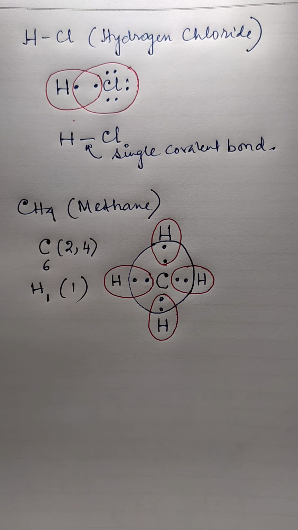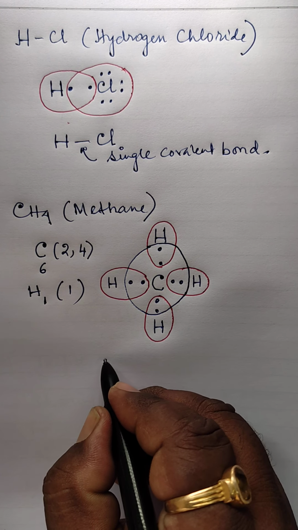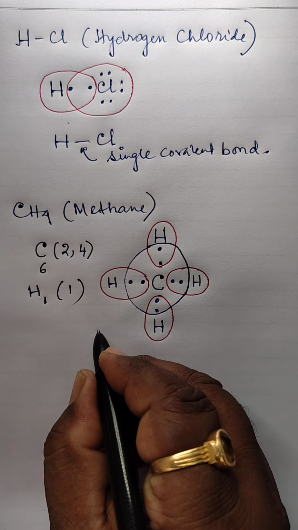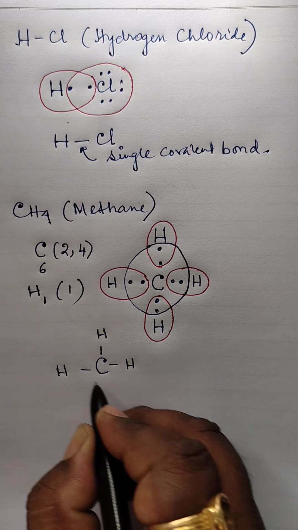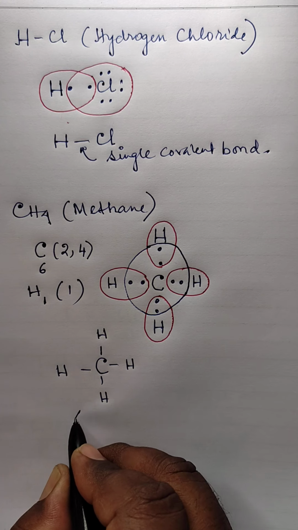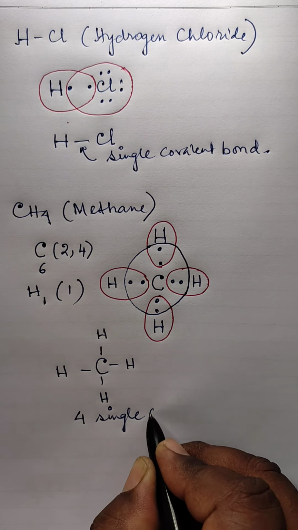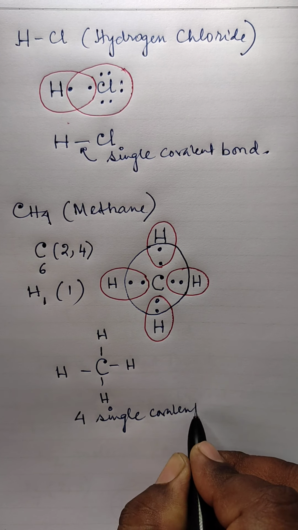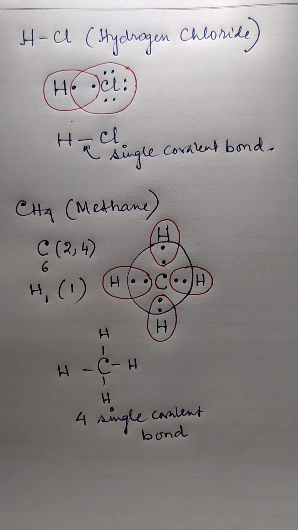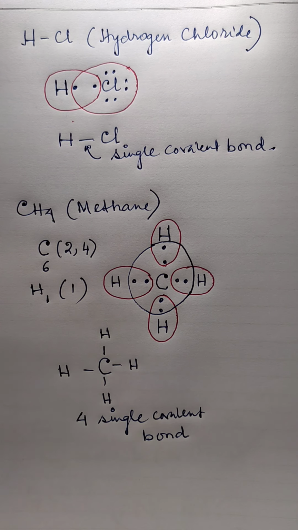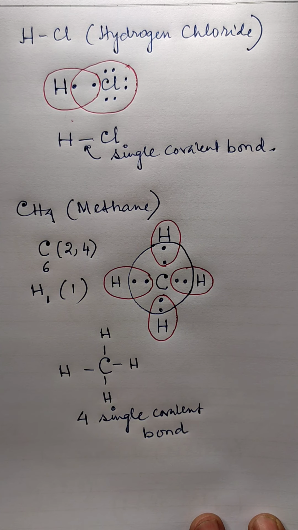So we get the structure of methane: carbon single bonded to hydrogen, hydrogen, hydrogen and hydrogen. There are actually 4 single covalent bonds in methane. That is how the structure of methane exists.